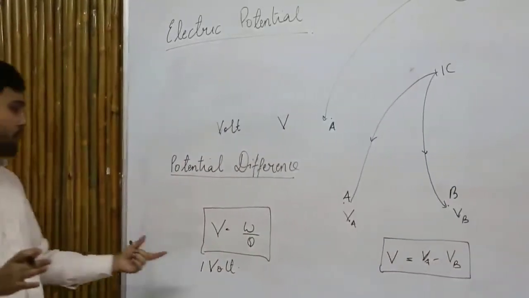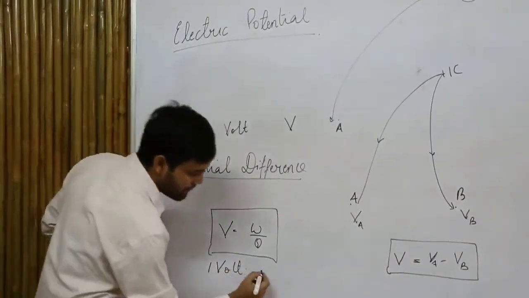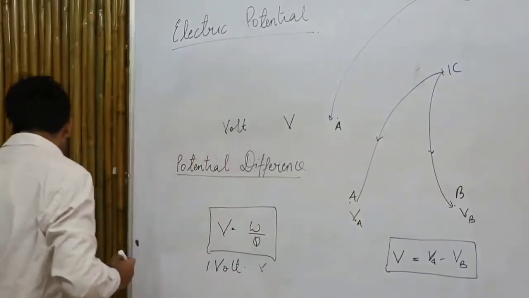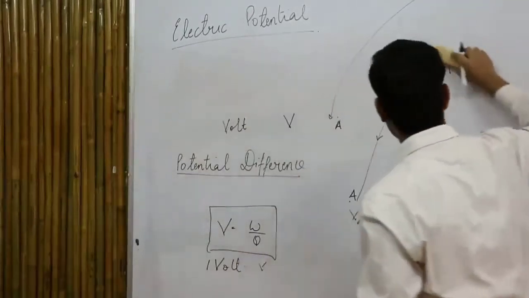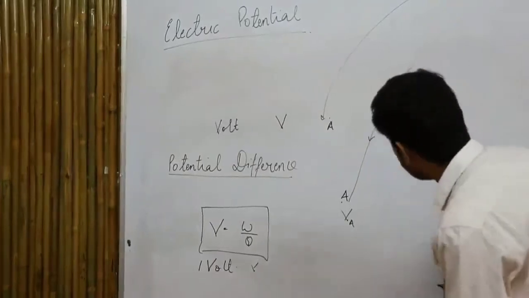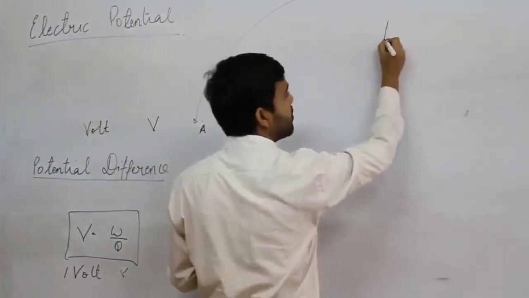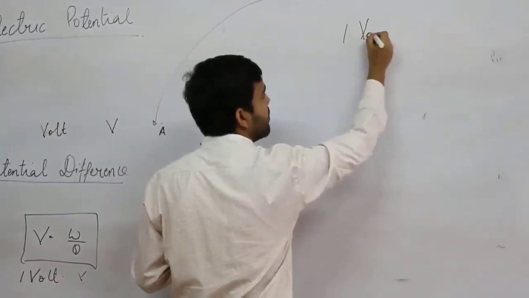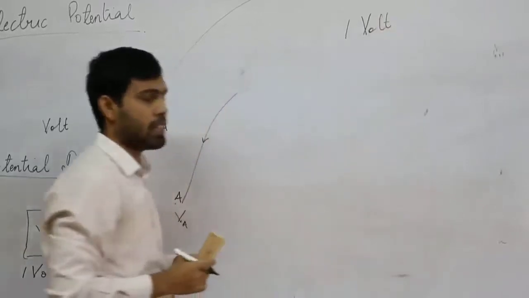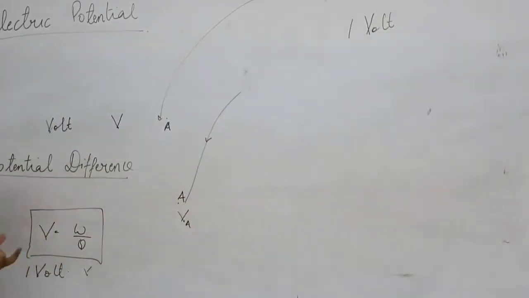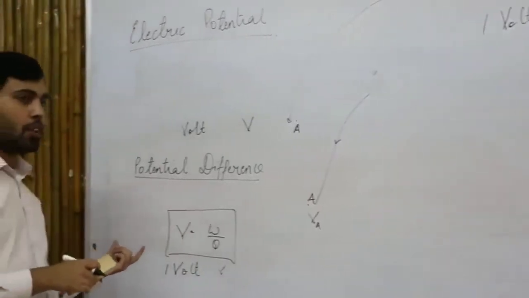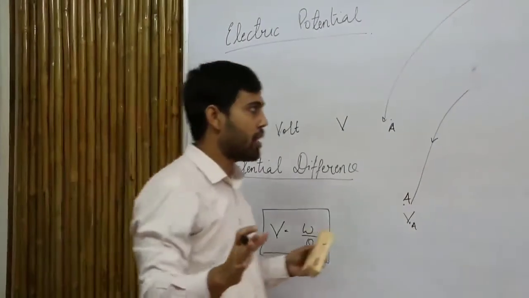Okay, coming to the unit, 1 volt is represented by V. Now again, an important question from the exam point of view is the definition of 1 volt. What does 1 volt mean? As we have done for 1 ampere, we will do the same here.